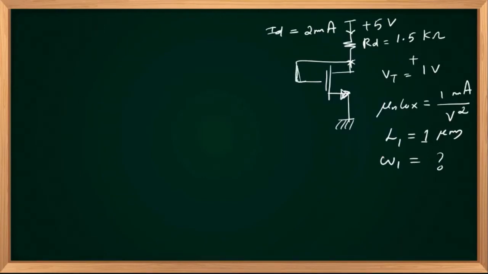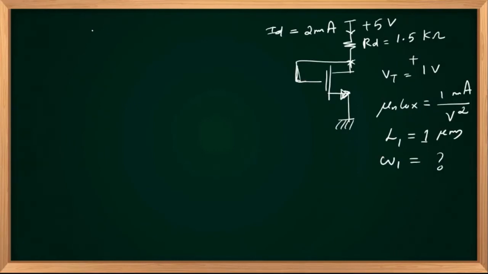It's a very simple problem. Identify the mode of operation, apply the saturation condition equation, solve for W1. Which mode is it operating in? Drain and gate are shorted together.